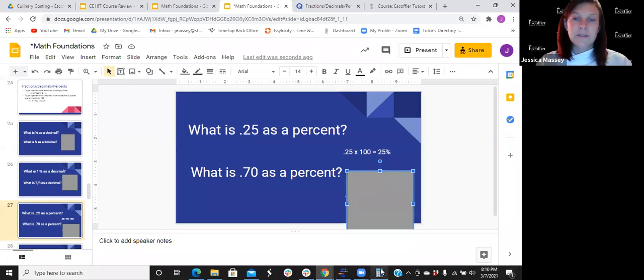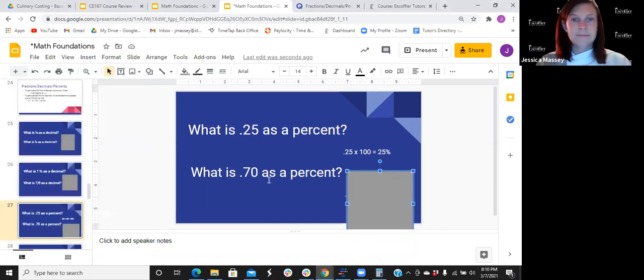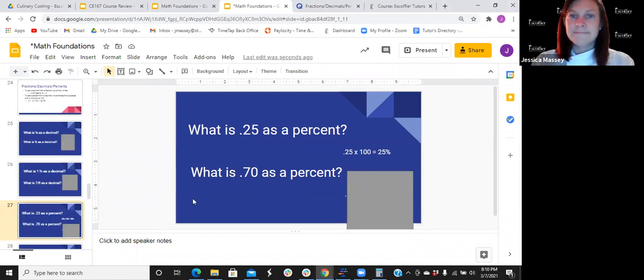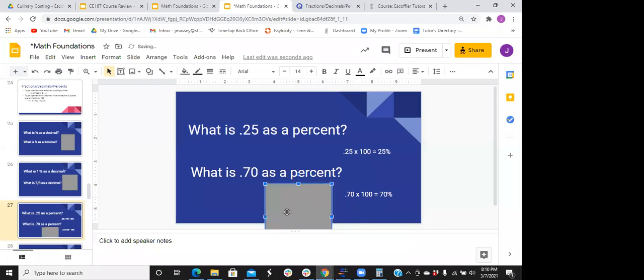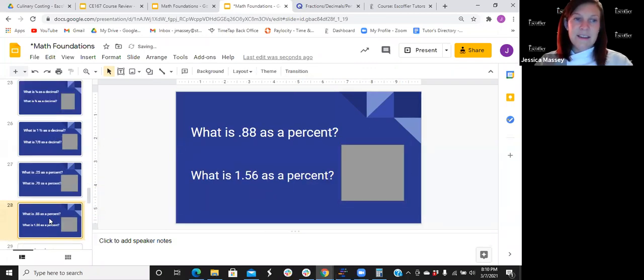Or you can take your 0.25 and multiply it by 100. Same thing. Let's try the next one. What is 0.7 as a percent? 70%. Yeah, nice job. 70%, same thing. You guys are making sense of this.